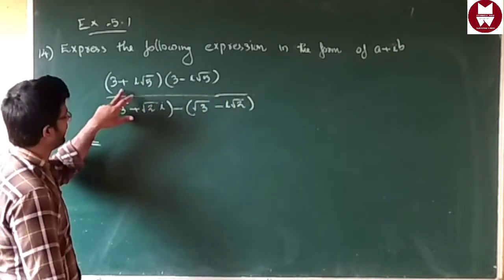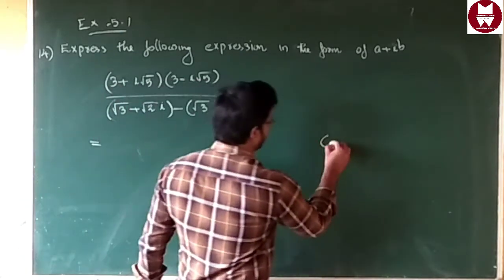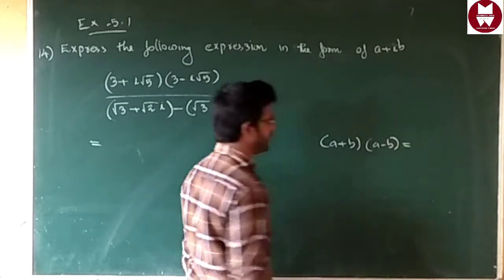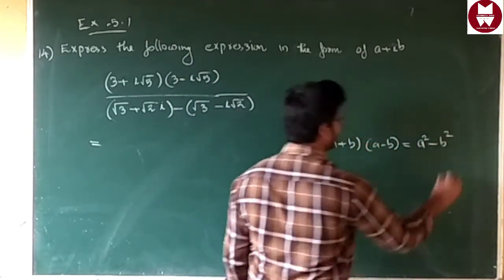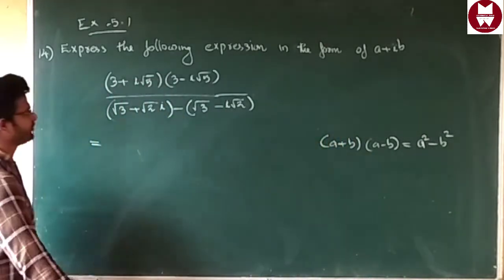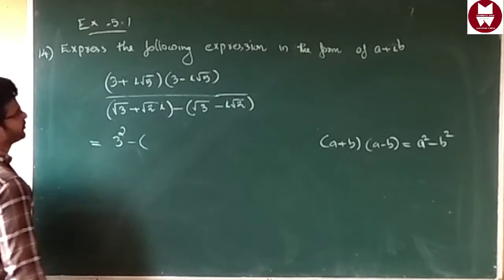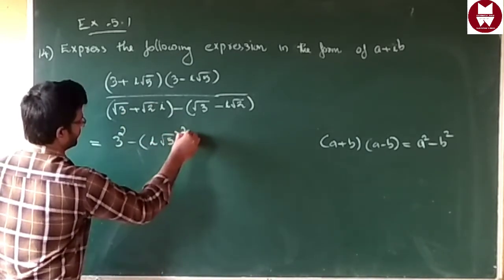This is the format a plus b into a minus b. What is a plus b into a minus b? That is a squared minus b squared. Use that formula directly. a squared means 3 squared, minus b squared, here i root 5 whole squared.